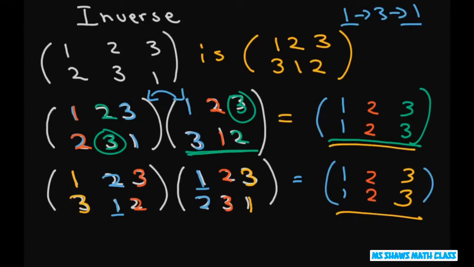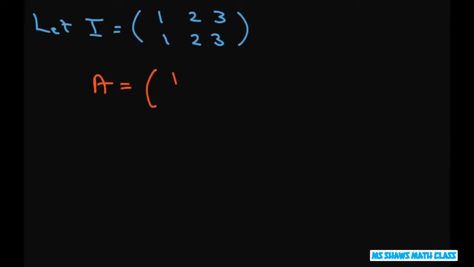All right. Now, there are 6 possible permutations of the elements. So we're going to let I equal the identity. So that's 1, 2, 3, 1, 2, 3. Then we're going to let A equal, you always put 1, 2, 3 on top, 1, 3, 2. B, we'll let B put 1, 2, 3 on top, and that's going to be 2, 1, 3.